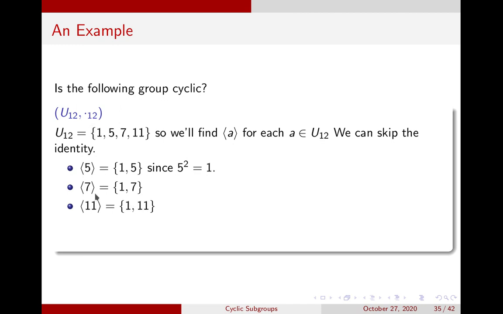The cyclic subgroup generated by 11 consists of the numbers 1 and 11. The answer is no. U sub 12 times sub 12 is not cyclic. None of its elements generates the entire group. For no A in U sub 12 is U sub 12 equal to the subgroup generated by A.